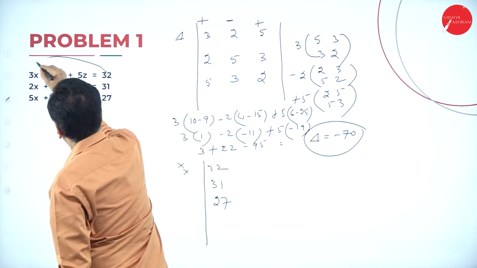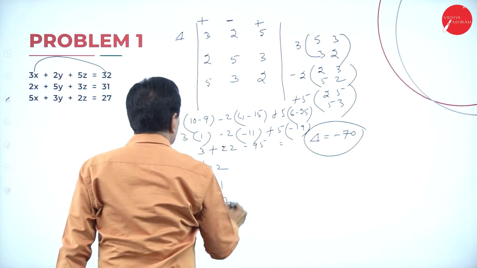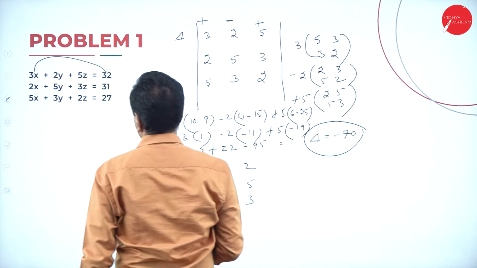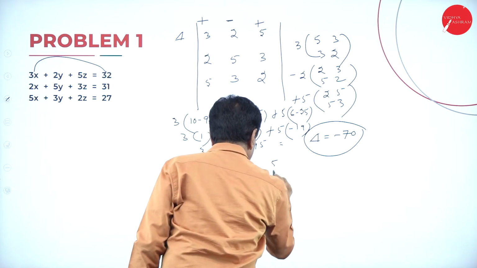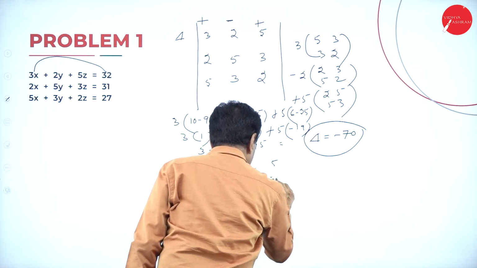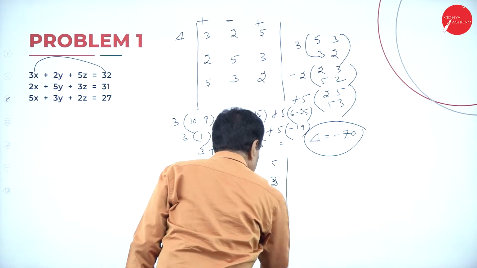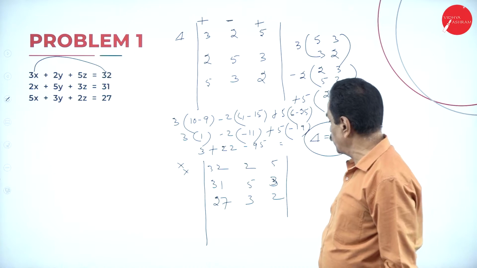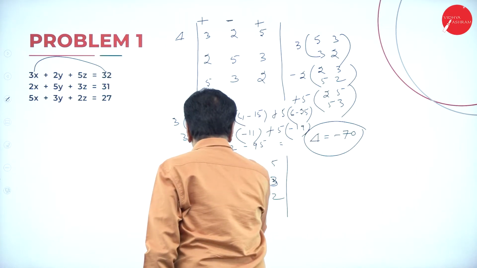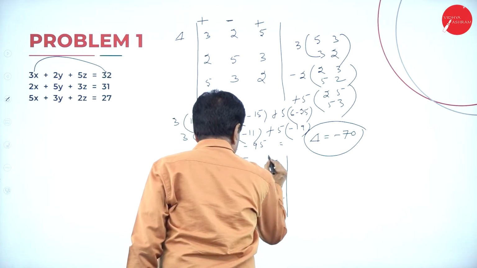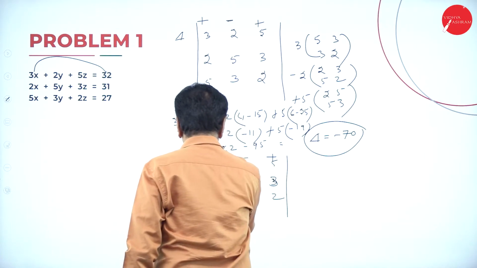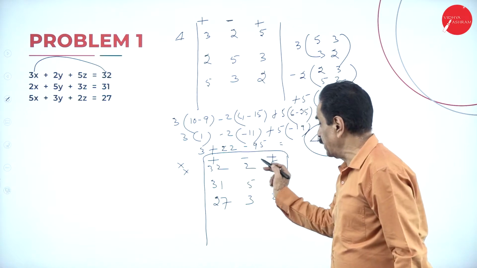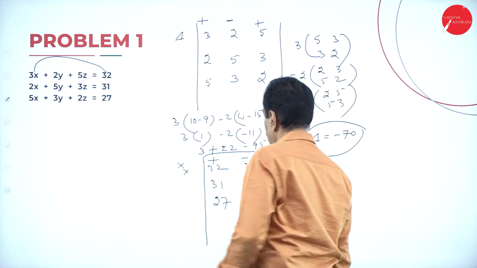Second column, 2, 5, 3. Third column, 5, 3, 2. So 32, 31, 27 in the first column. Then we'll start. The signs are plus, minus, plus.